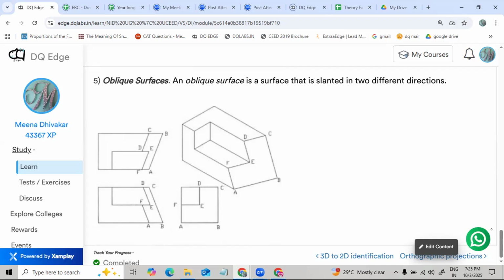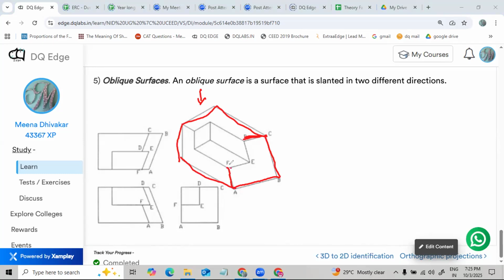Okay, I'll show you how this view will come. I'll take a top view. I will have this and I'll have the slanting, and I'll have this. I can see this one completely like this, not the surface.